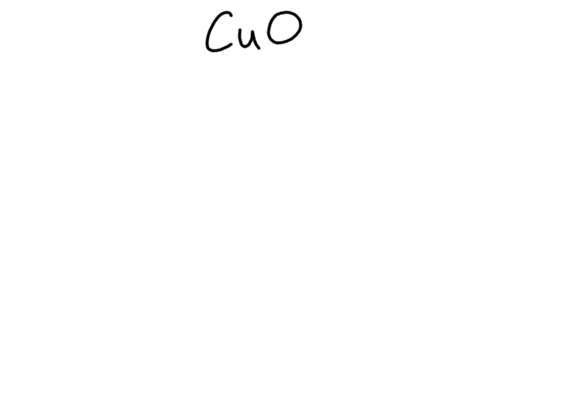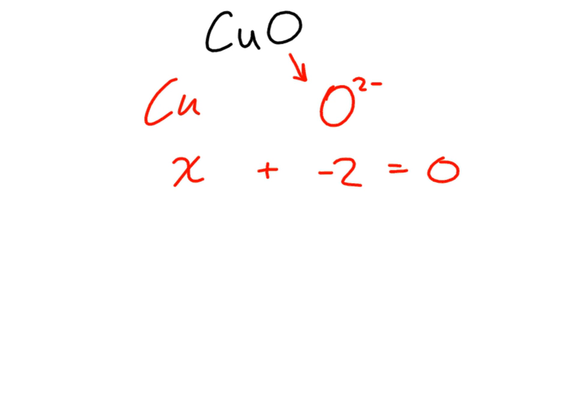So my oxygen, change colors here real quick. Oxygen I know is 2 negative, right? Well, that means I have 1 oxygen, so that's -2, right? Equals 0 plus x. That's my copper. This x, or this variable, will tell me what the charge is going to be of this copper ion.